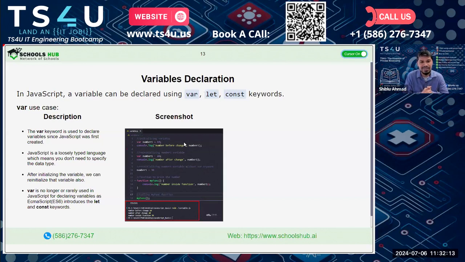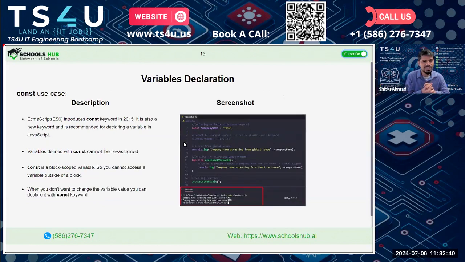Every programming language follows its father, the C language. After JavaScript was updated, nowadays the let and const keywords are used to declare variables. That's what we are going to use. Let's go next.